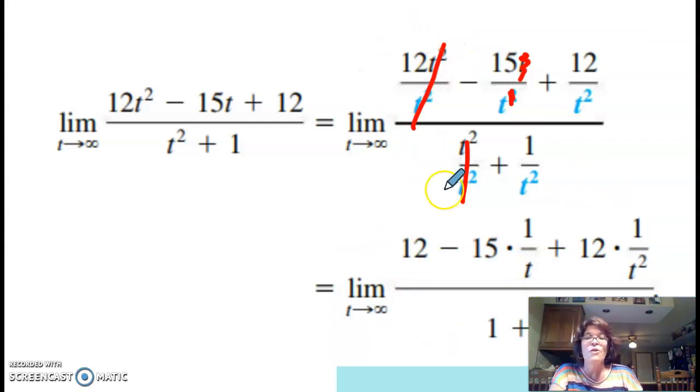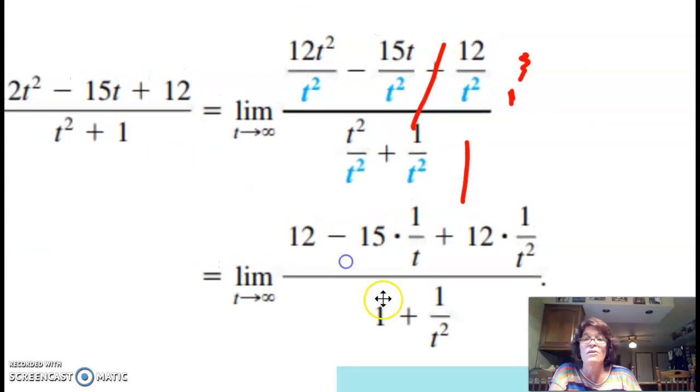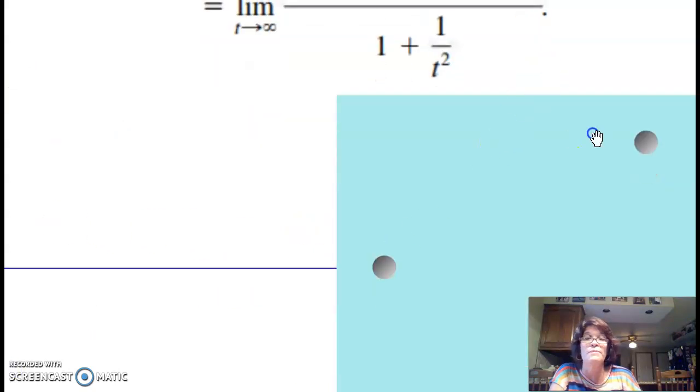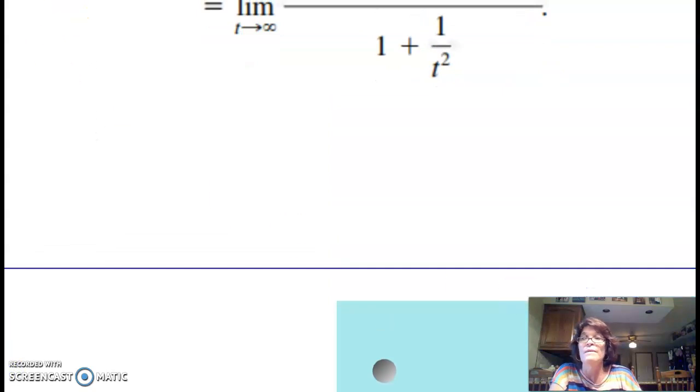Now we're going to use the fact that the limit as t approaches infinity of this is 0, and this is 0, and the 1 over t squared is 0. All of these terms are going to go to 0 because of that theorem.